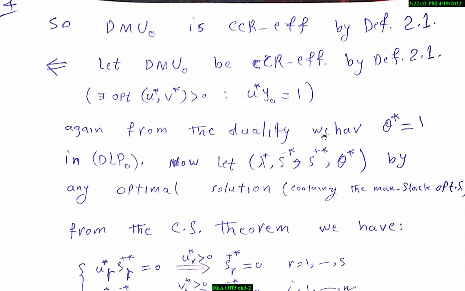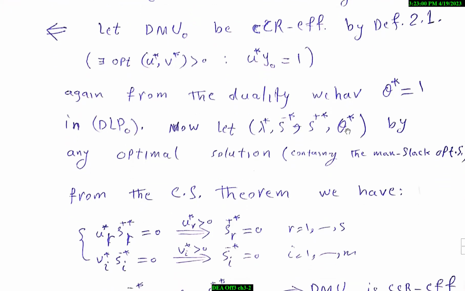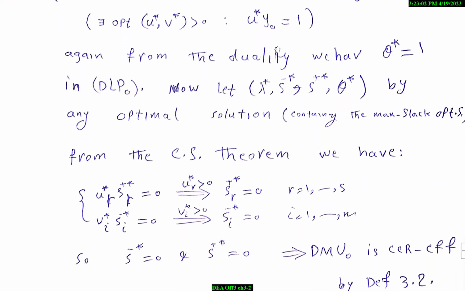Again, from duality, I missed E here, maybe in the photo this is removed. Again, we have theta star equal to 1 in DLPO because the objective function values of primal and dual are the same. So we have the first condition.